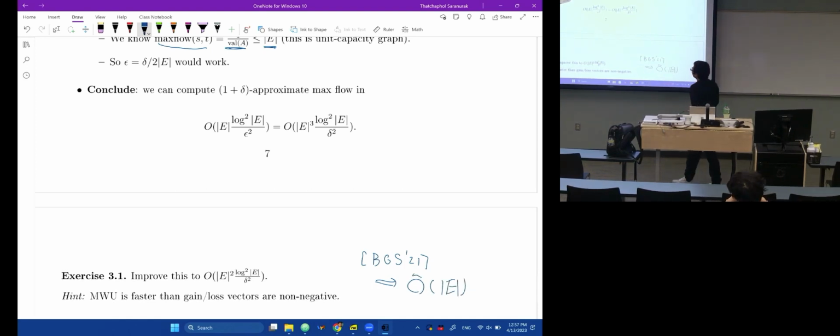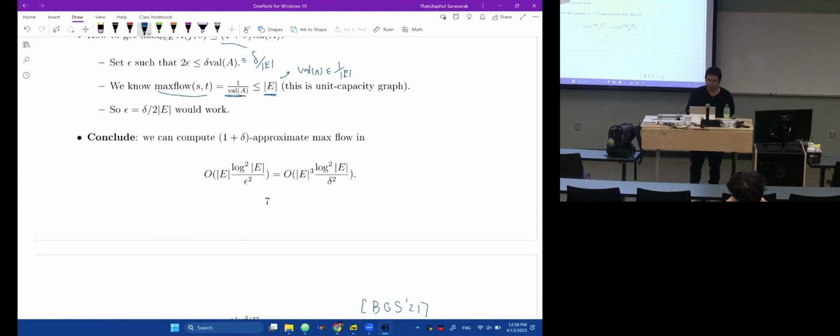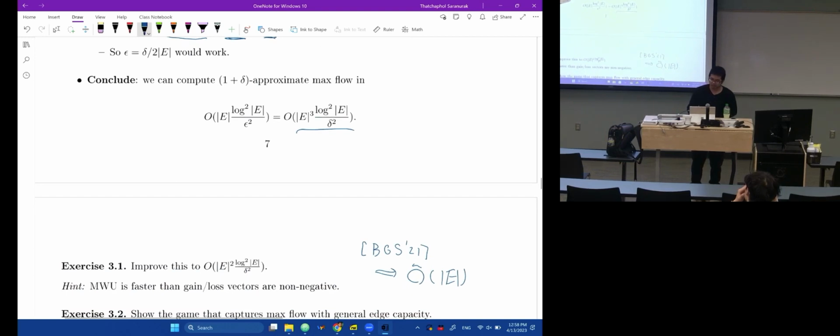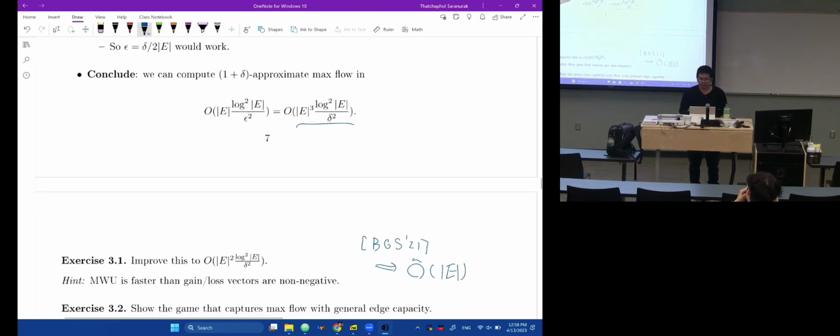So this approach that is nice and simple can actually be pushed down to nearly linear. Here we just use a simple, clean version, the simplest version, and we get this bound. But the state of the art, you can get it to almost linear.